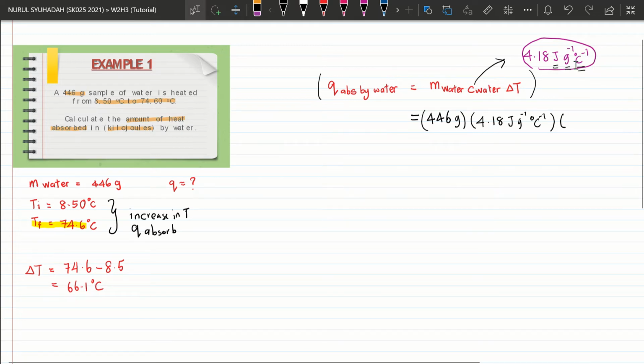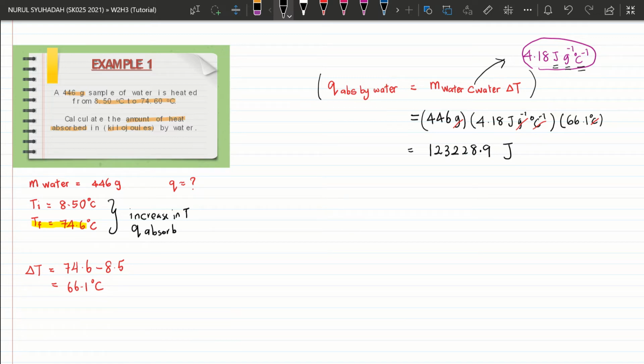If given to you in Kelvin, the temperature must also be in Kelvin. So it will be 66.1 degrees Celsius. The units will cancel out, and the final answer after you calculate using your calculator is 123,228.9, and the unit is joule.